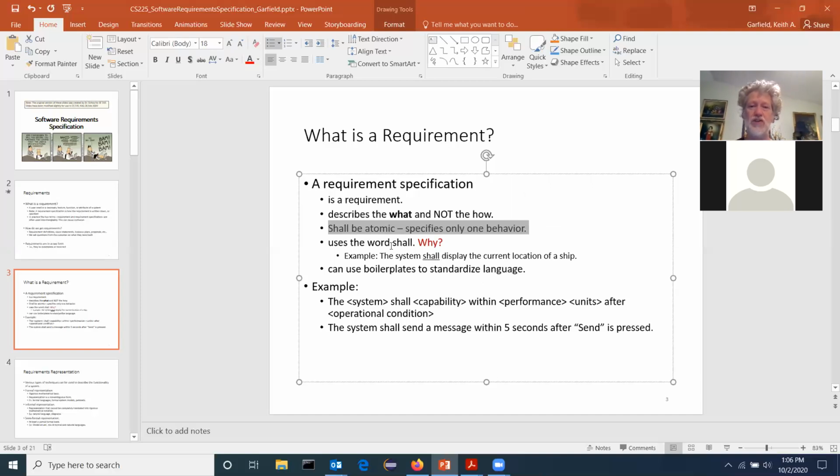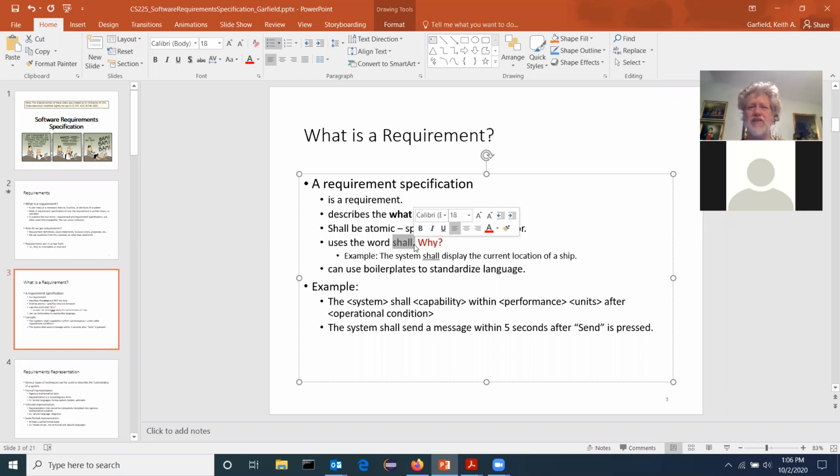And I'm using the word shall. Requirements use the word shall. You will see that some authors differ on this, but this is the industry standard. Shall is the legalistic term that says if you don't meet this requirement, you have failed. The corollary to that is should. The product should do this.